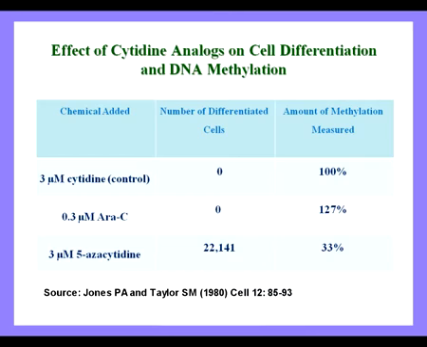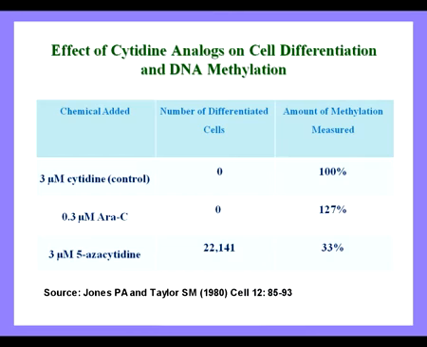Another sample was 0.3 micromolar arabinose cytosine, which is another analog of cytosine and also acted almost like a control. Here also no differentiation and 127% methylation was measured. Why 127? That shows that there were some cytosines other than CpG islands which also got methylated.